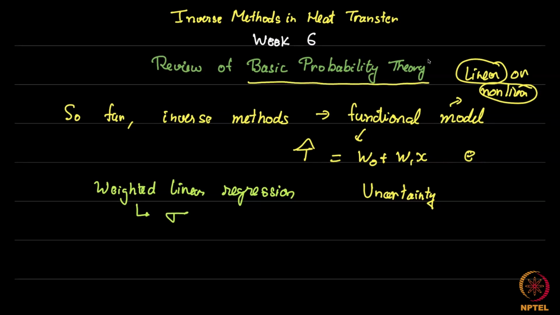In fact, we will see that the probability method is actually a superset. Okay, so probability methods in some sense are more powerful than the functional methods. We will see next week that all the methods we derived so far can actually be derived from the viewpoint of probability.